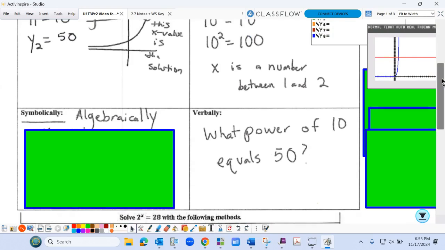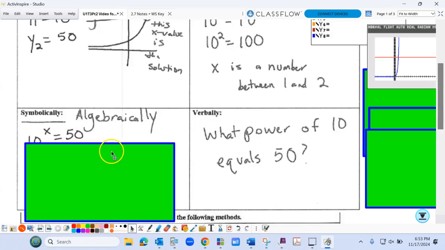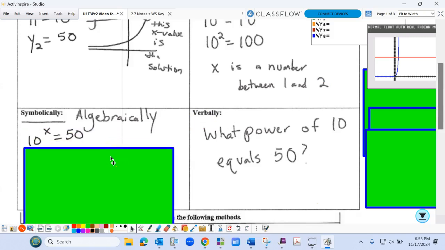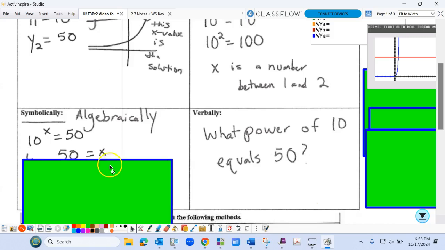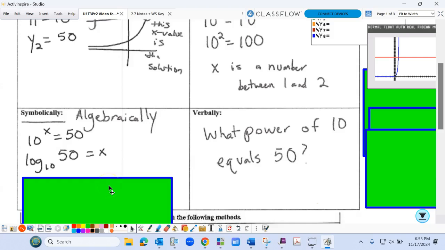Solving algebraically goes back to our exponential and its inverse, which is the log. If I have the problem 10 raised to the x equals 50, I can use what I know about inverses to undo the exponential by taking the log of both sides.